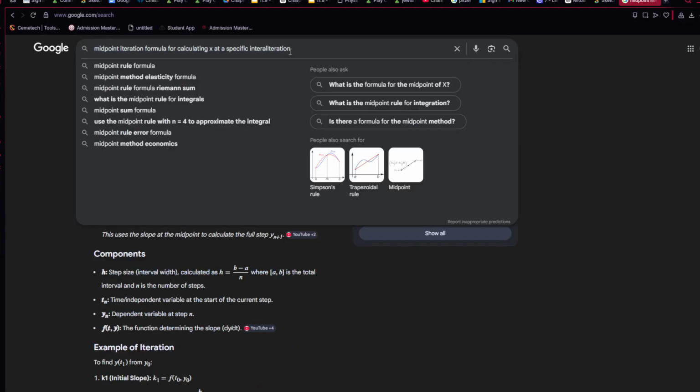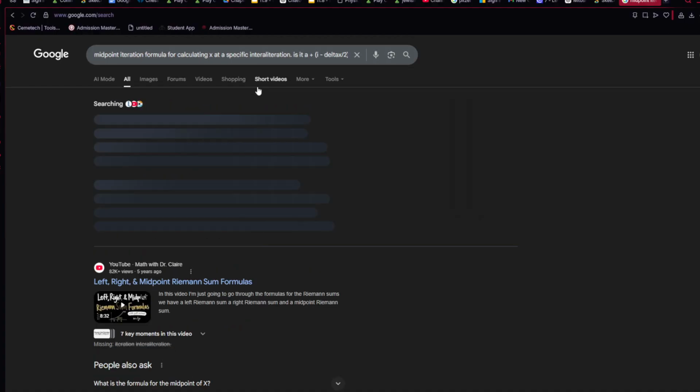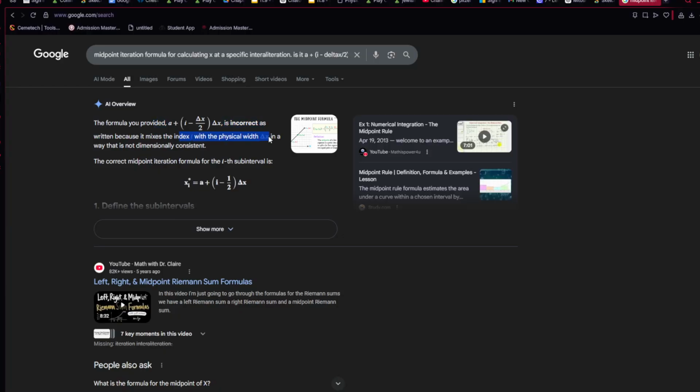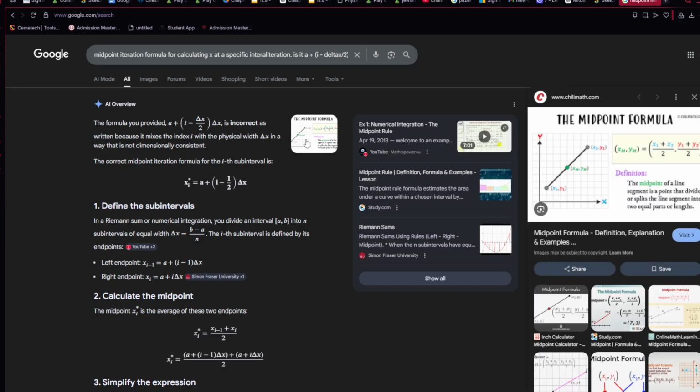Well, I guess I have to specify. Is it a plus delta x times (i minus 1/2), or a plus i minus delta x over 2 times delta x? It's probably just going to say a plus (i minus 1/2).